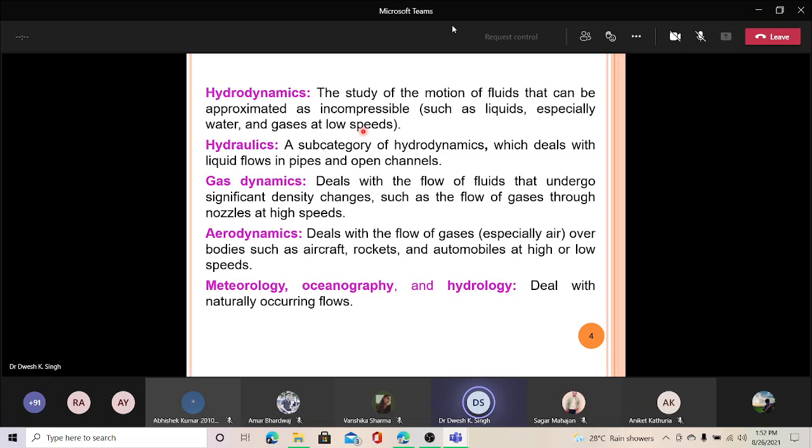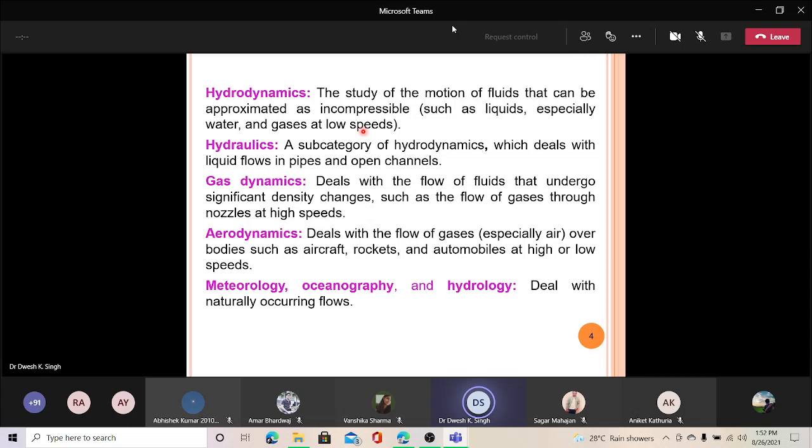That comes under aerodynamics. Aerodynamics is itself a very vast area, so vast that there is a separate department of aeronautical engineering.